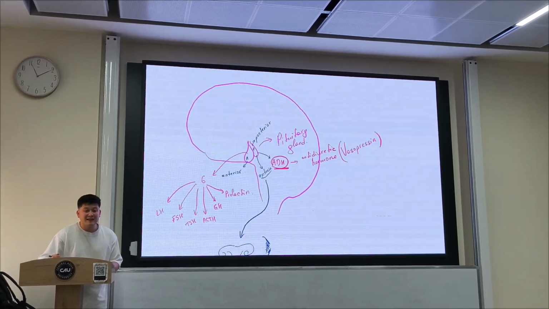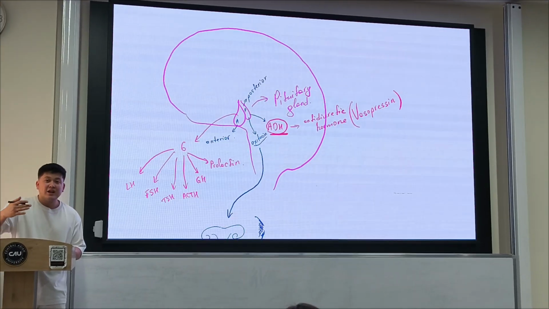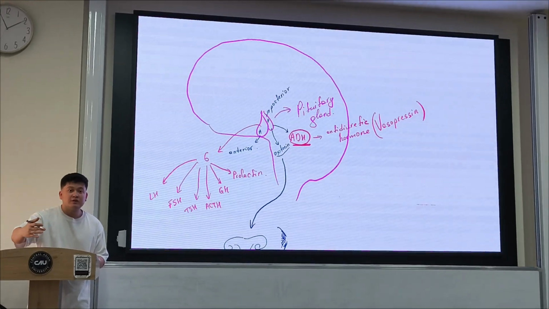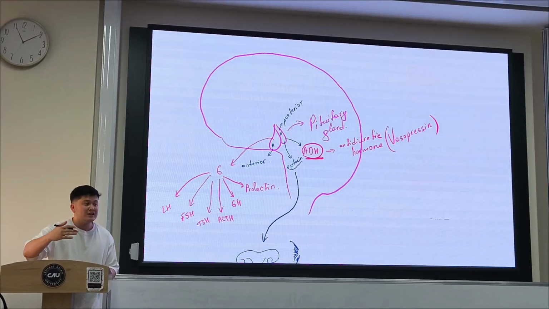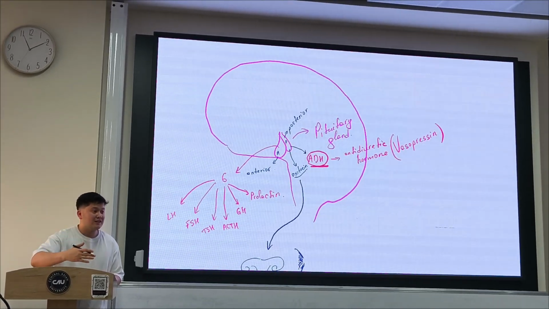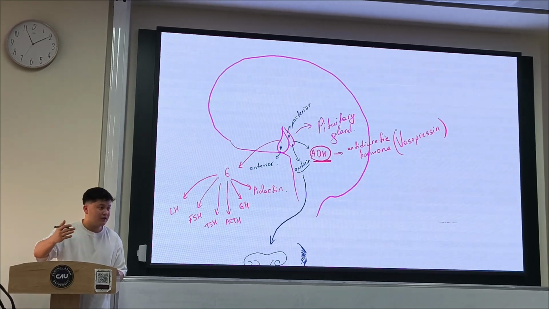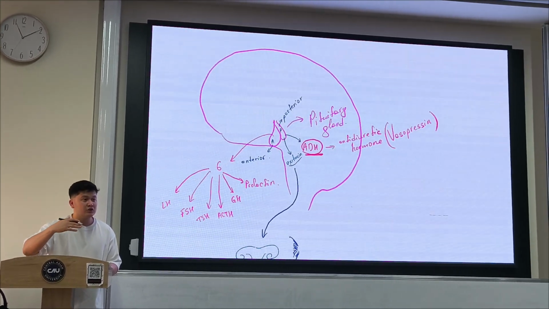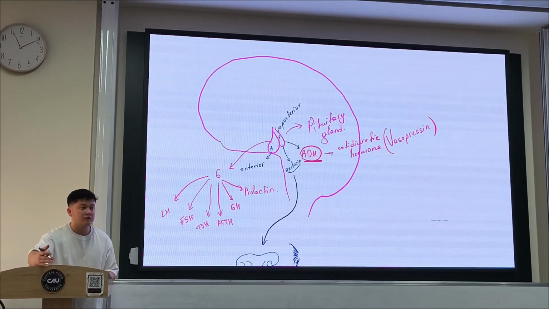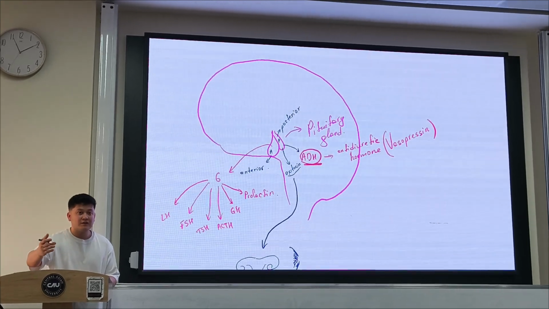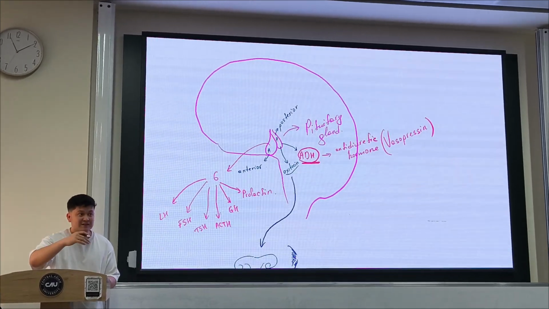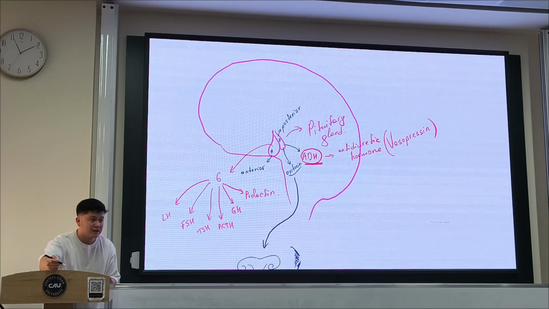According to the meaning, ADH, antidiuretic hormone, antidiuresis. Okay, so it prevents you from urinating a lot. So diuresis will decrease if it's secreted a lot.